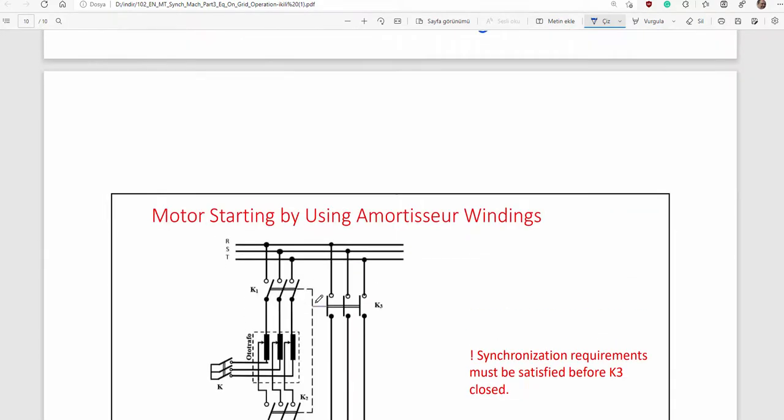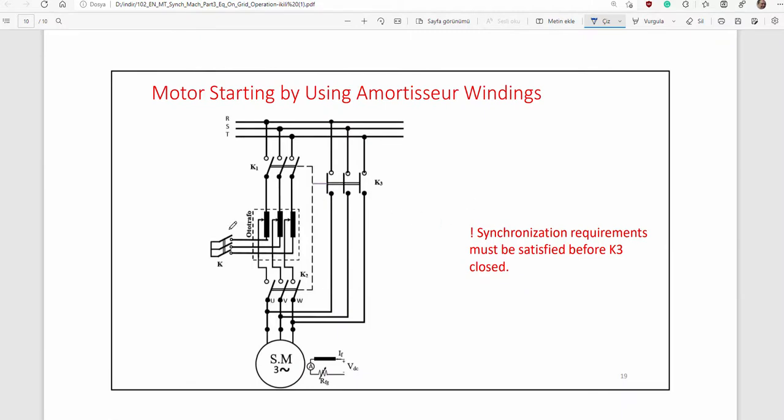Okay, that's enough for the amortisseur winding startup process. Of course, all the other methods used in induction machine theory can be used here. For example, in induction motor startup you use star delta connection, auto transformer applications. Since synchronous motors are very large motors, generally the star delta method is not used.